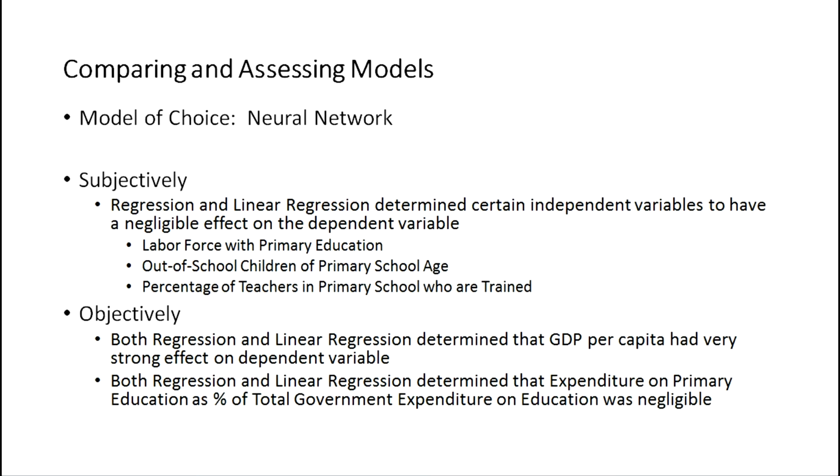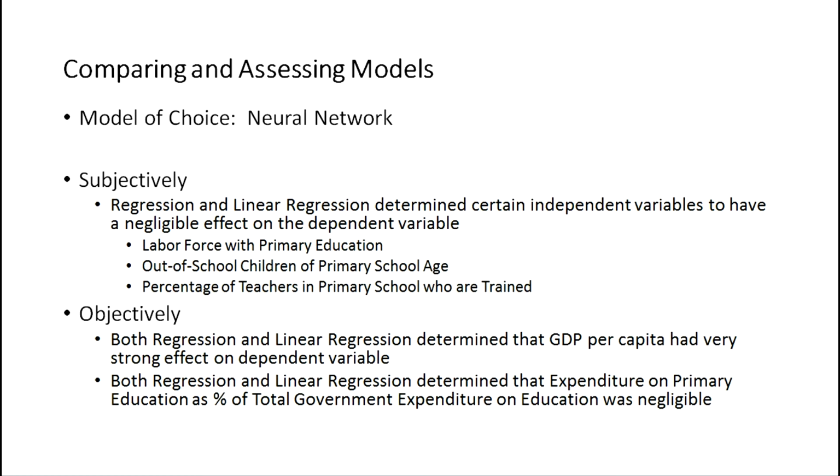Now, comparing and assessing the models. Our model of choice that we think best describes the current situation is a neural network. We looked at this in two manners. One is subjectively, which is more opinion-based. The regression and linear regression determined certain independent variables to have a negligible effect on the dependent variable.